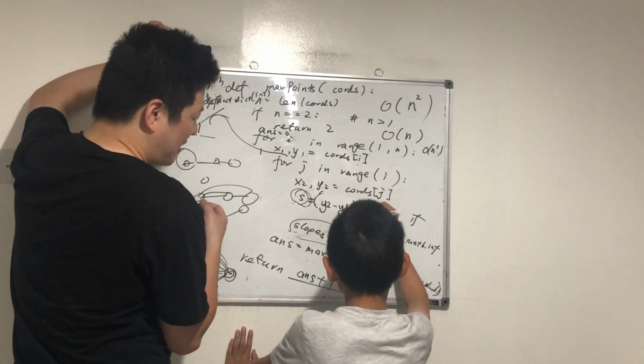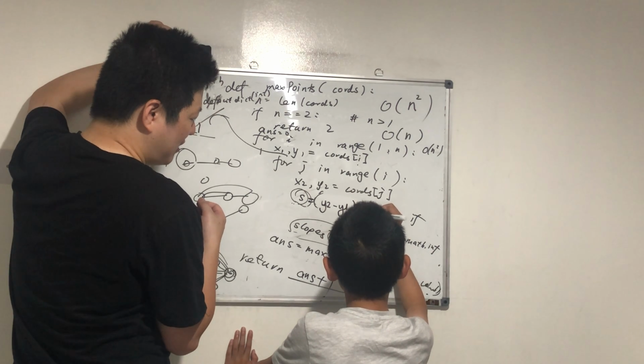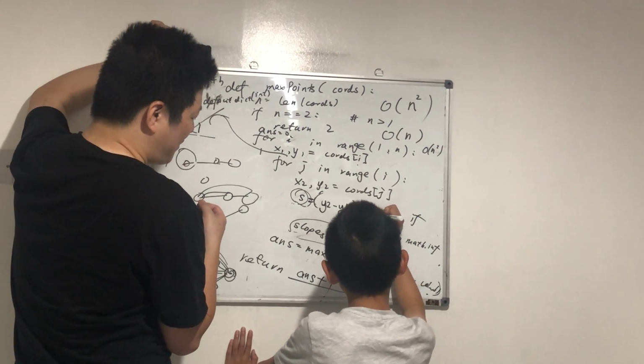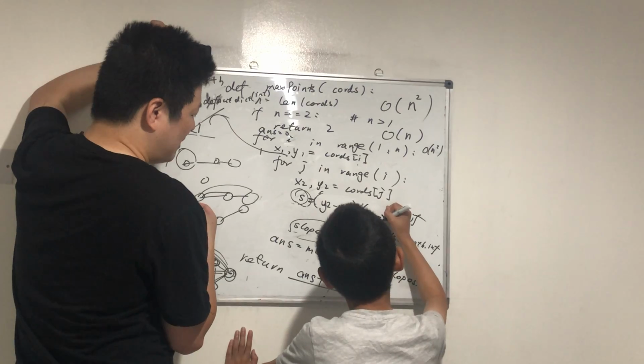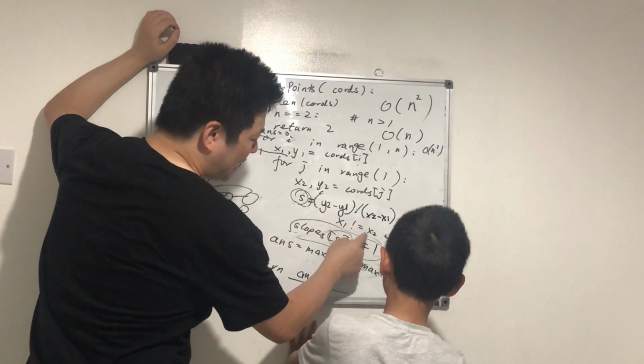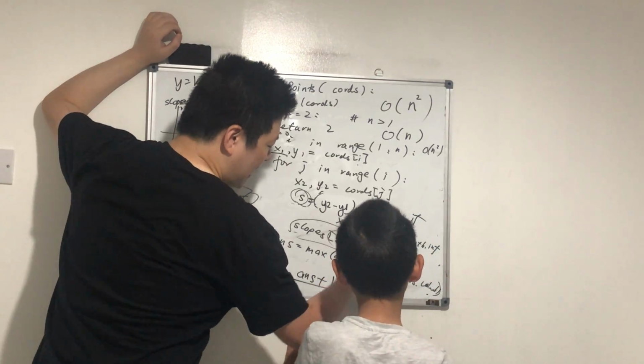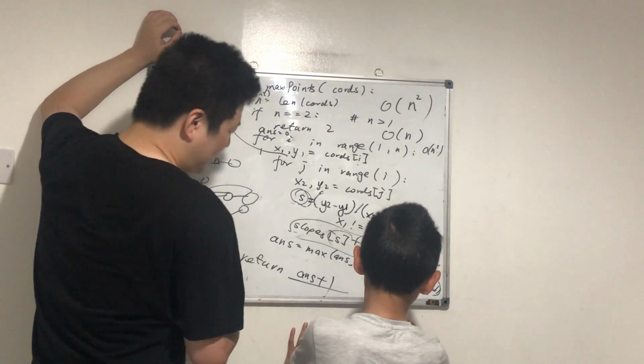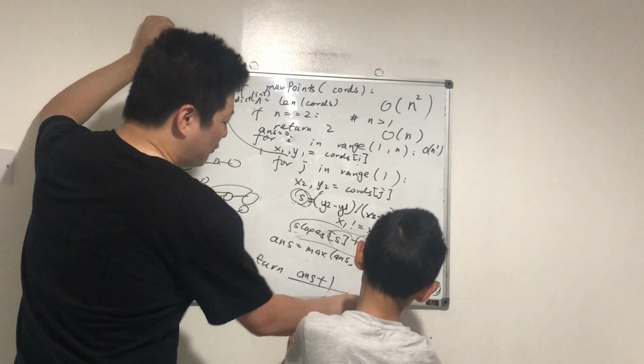Yeah, x2 minus x1, if x2 does not equal x1, right? If x2 equals x1, we want to assign the slope as infinity, right? Got it? Yeah? Okay, the last question.